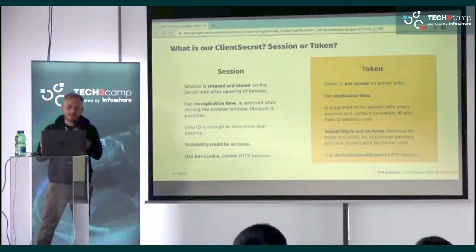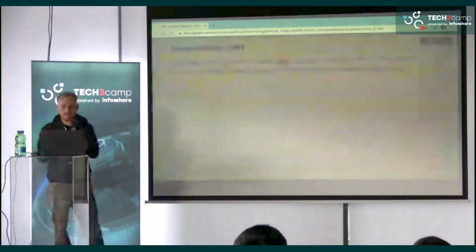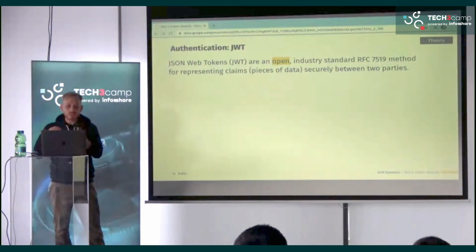Scalability is supported by a token-based authorization system by default. So we decided to use a token-based system. For token-based authentication, there is a standard protocol called JSON Web Token, which is a method for transporting security data between parties.